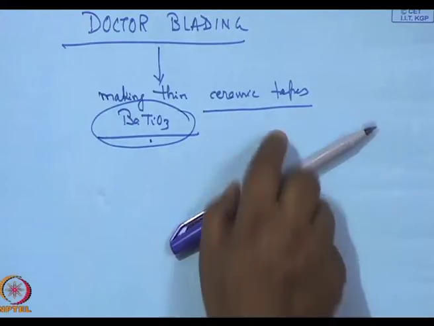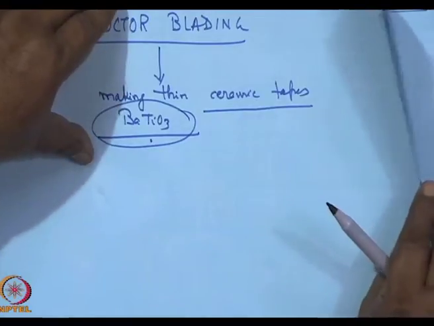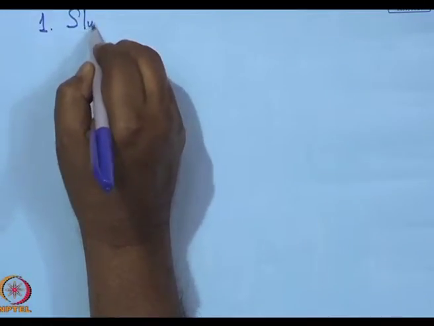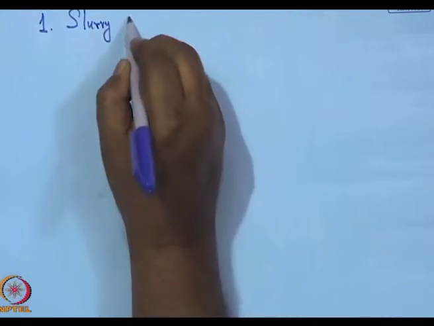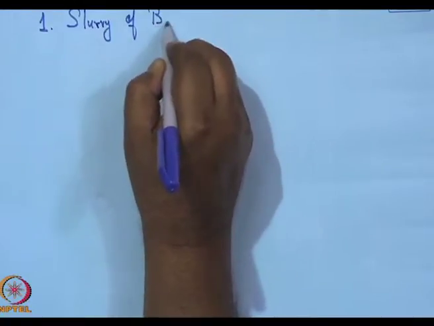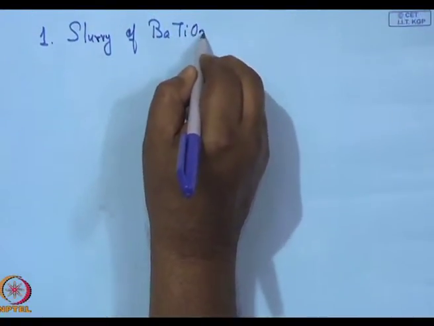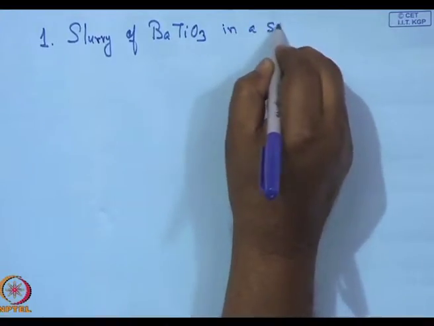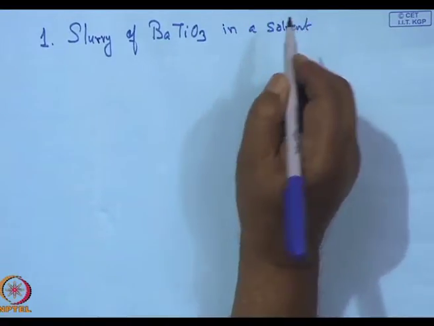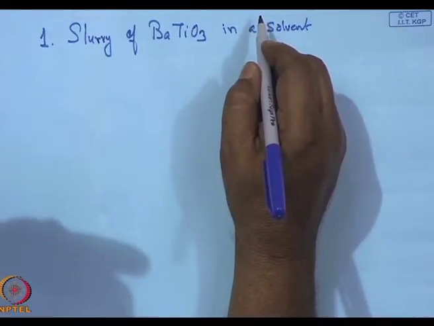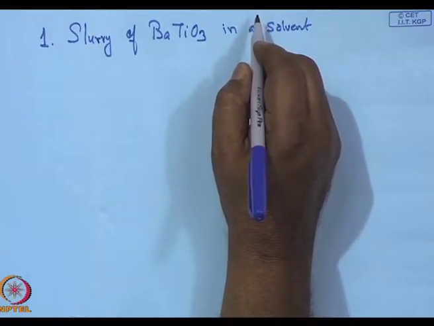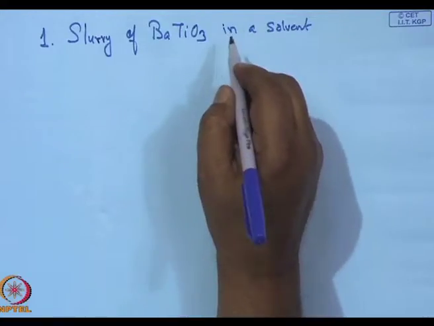what will I do? First is a slurry of, say, barium titanate in a solvent. Now, because I have said barium titanate reacts with water, essentially I cannot use water.